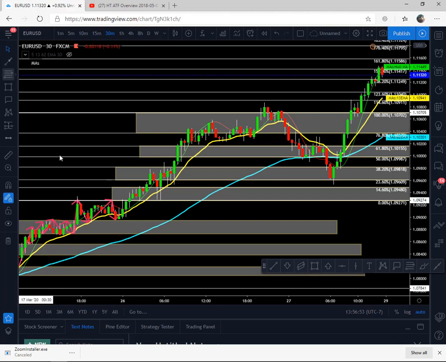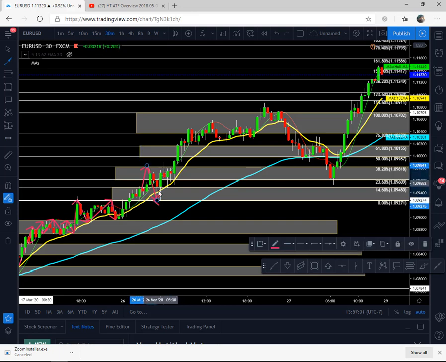So as you can see, price went up, retested this support line, and then started going up, retested this support line, and started going up again. It retested this support line, and price just kept doing higher highs.